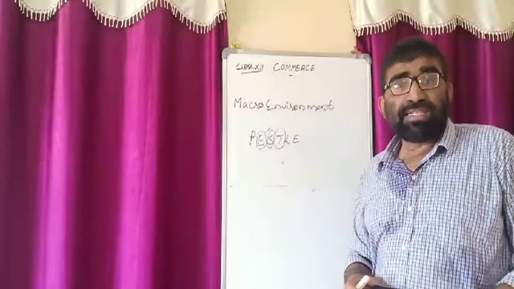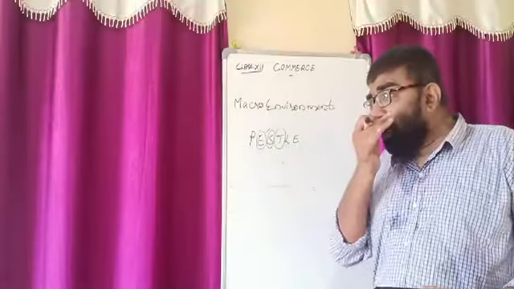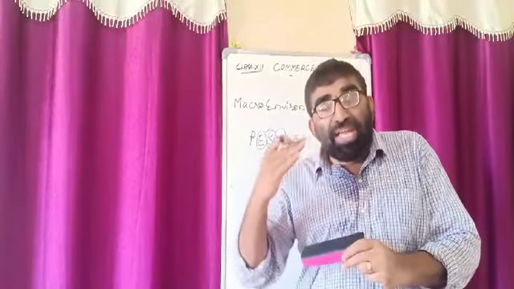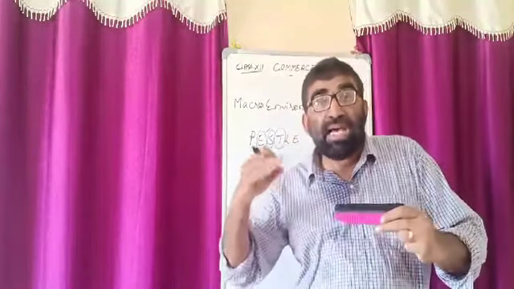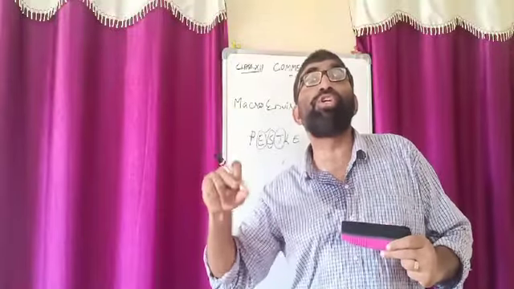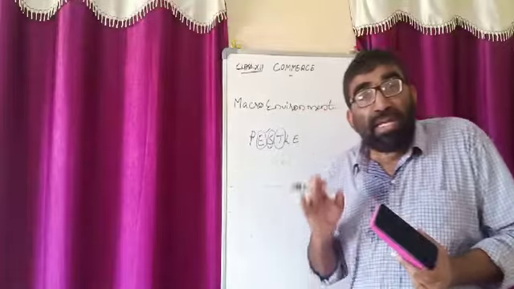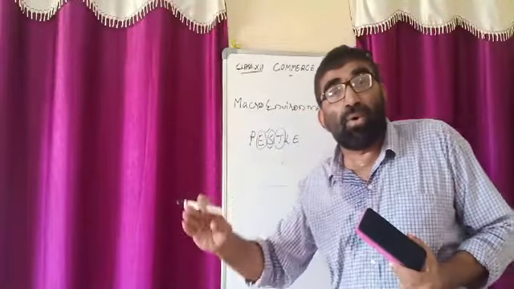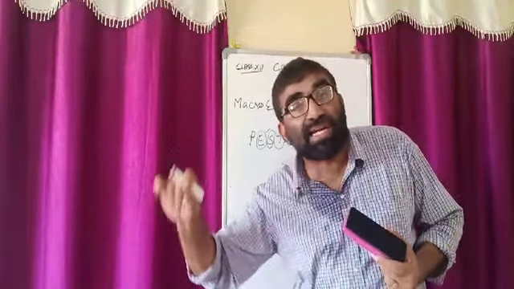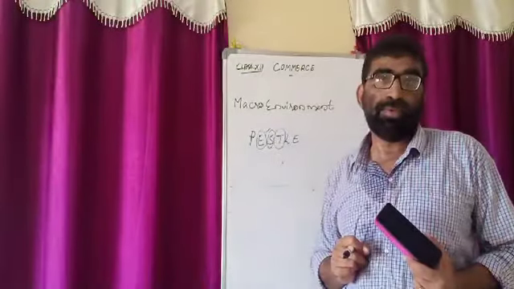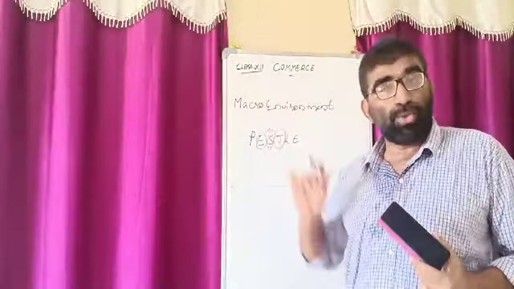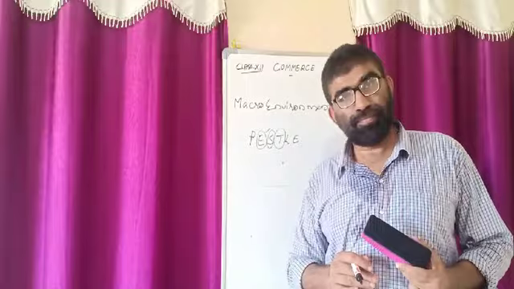So, what is technology? Technology means the application of science and other organized knowledge into practical tasks. Systematic application of science and other organized knowledge into practical tasks is known as technology. For example, robots are used in industries.